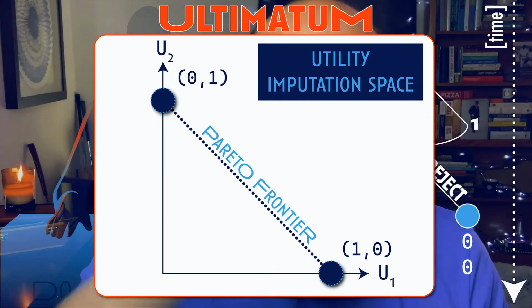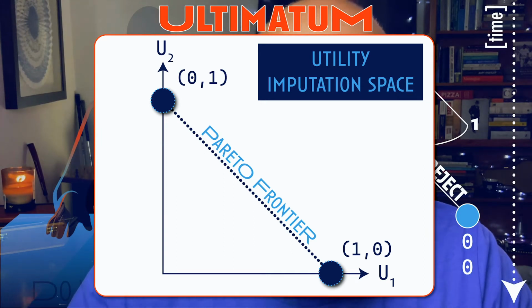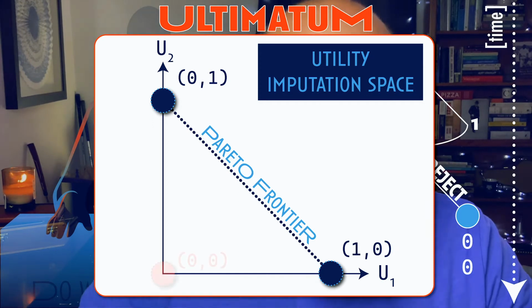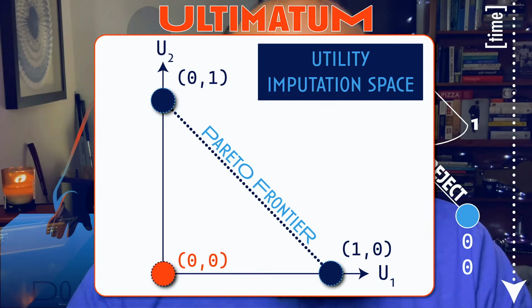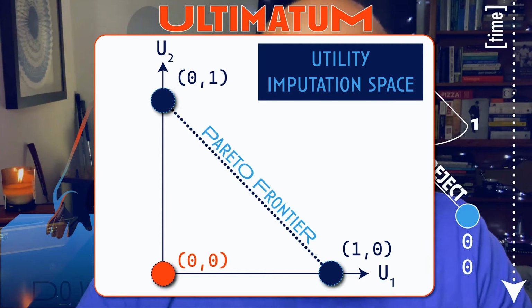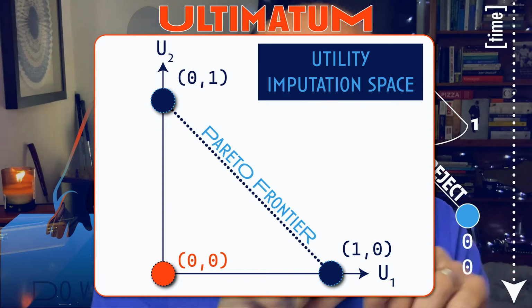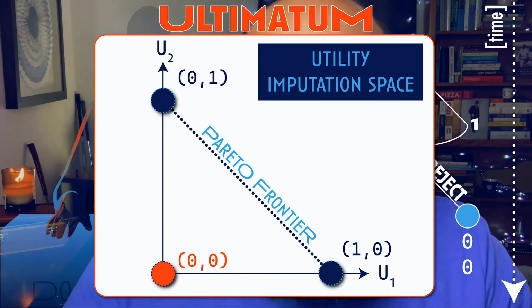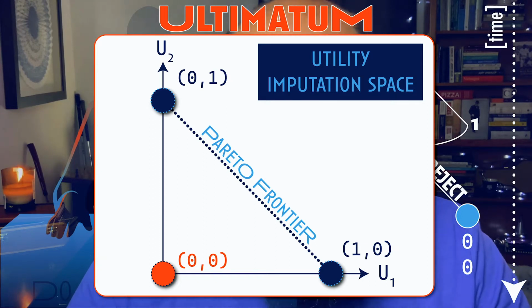So the Pareto frontier is just a straight line that goes from (0, 1) to (1, 0). And the disagreement point is exactly at the origin, (0, 0). So this is a full-on bargaining problem where we're officially going to try to give an answer about which of the infinite set of Pareto efficient points actually happens.